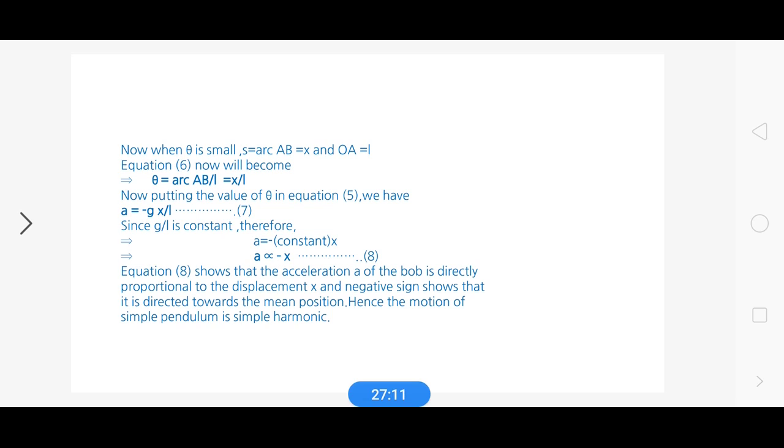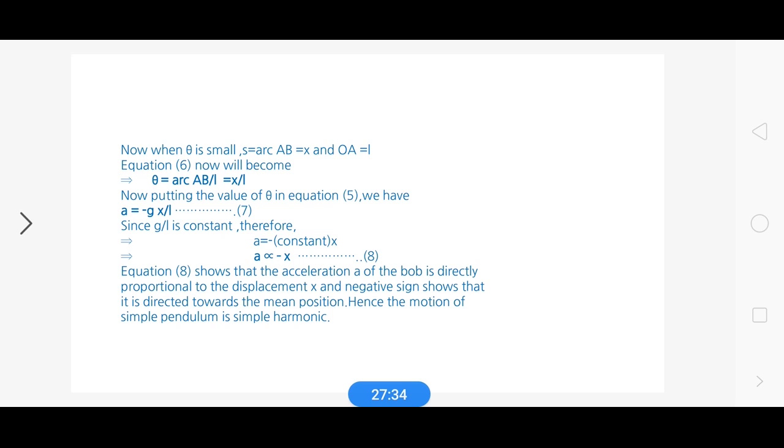So we got an equation like A proportional to minus X. Acceleration is proportional to displacement, but the direction of acceleration is opposite to the direction of displacement.